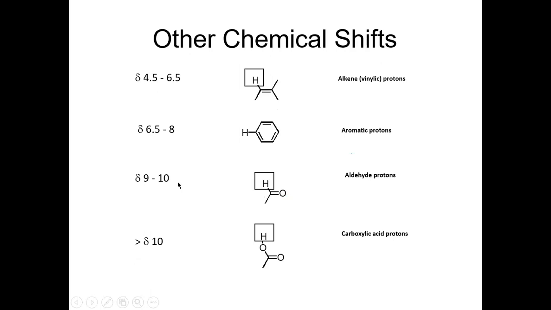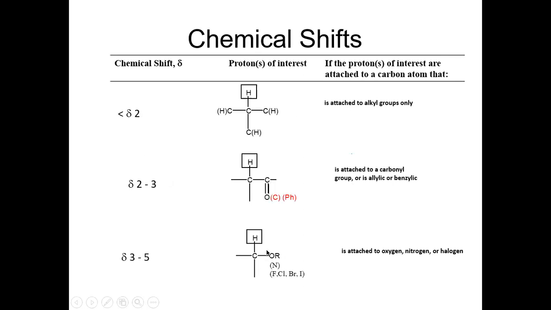Between 9 and 10 are your aldehyde protons, and your carboxylic acid protons will be past 10, somewhere between 10 and 12. When we made aspirin, you could see all of this. You could see the aromatics, the carboxylic acid protons, and these allylic type protons as well, because all of that was present in that aspirin molecule.